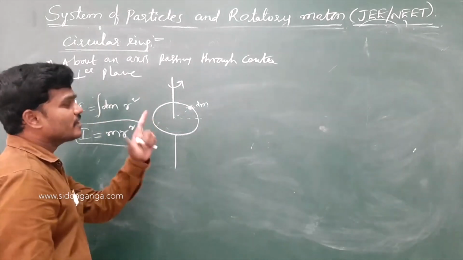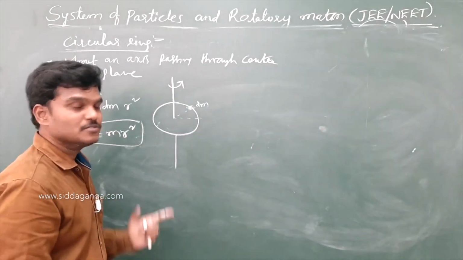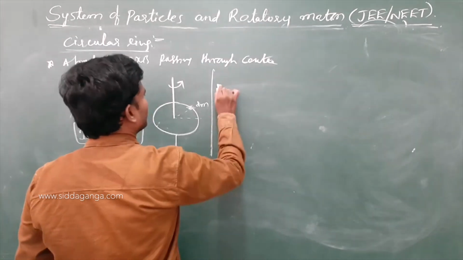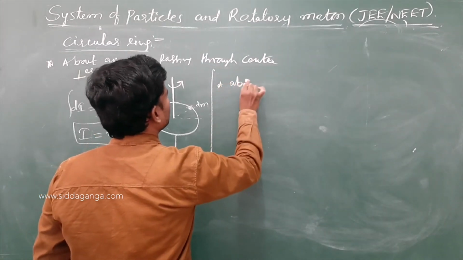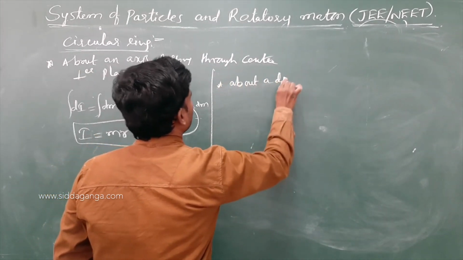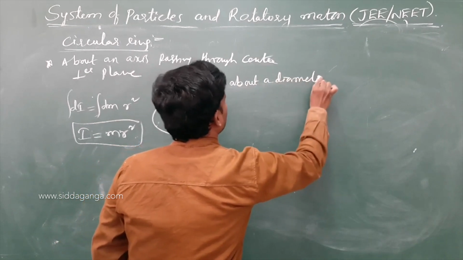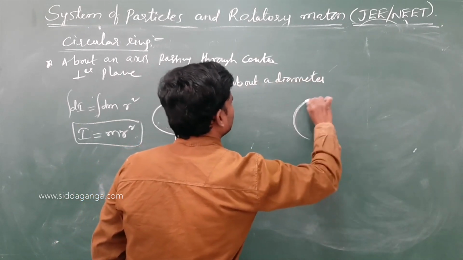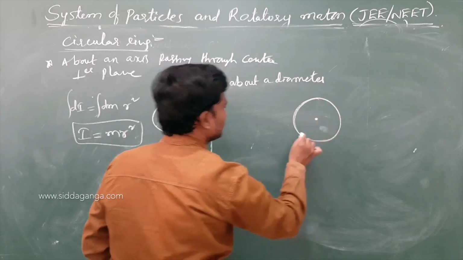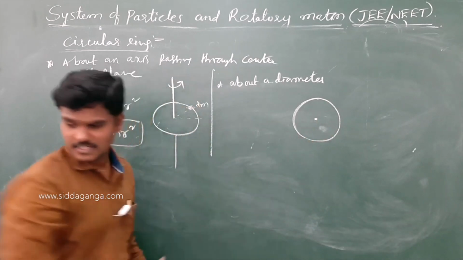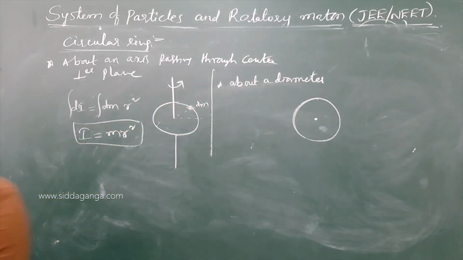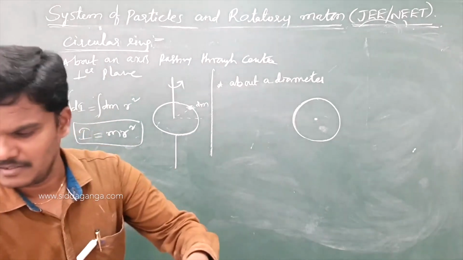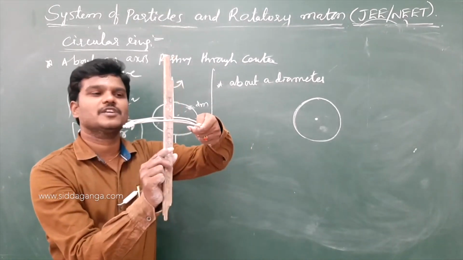On board all diagrams are planar diagrams. So about a diameter, let me find. Second formula, about a diametrical line. See, this is the ring whose radius is r, and this is the axis passing through center perpendicular to the plane.